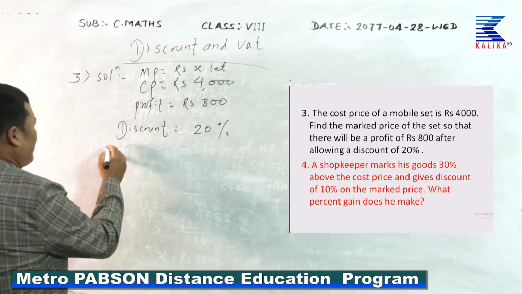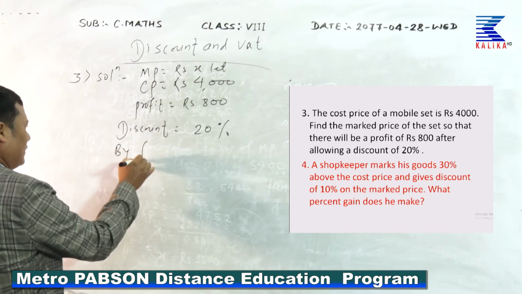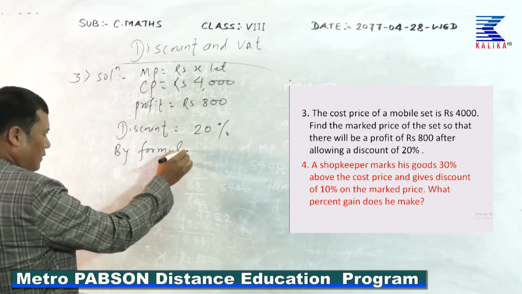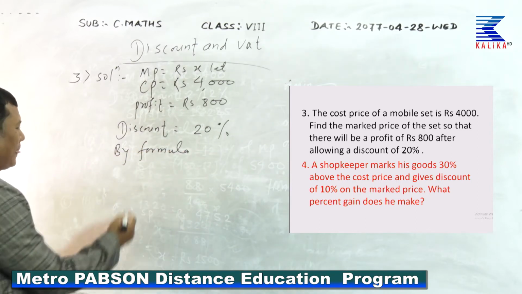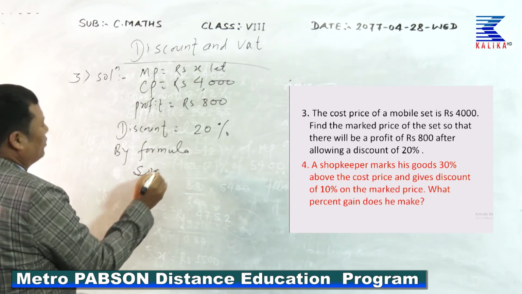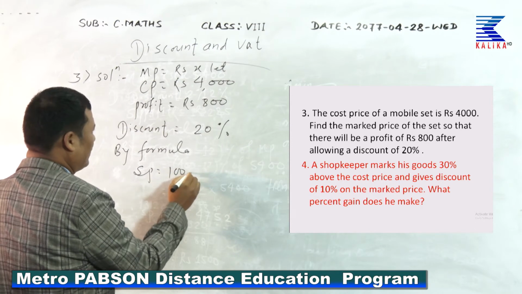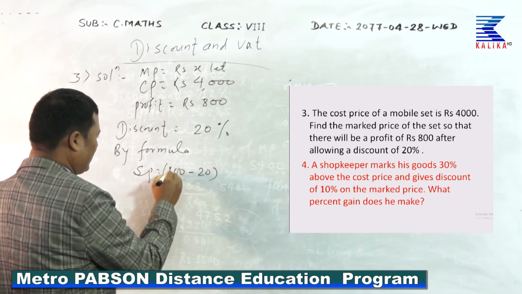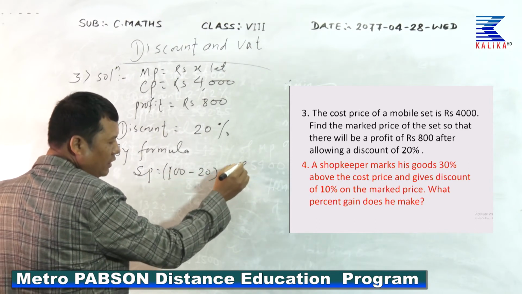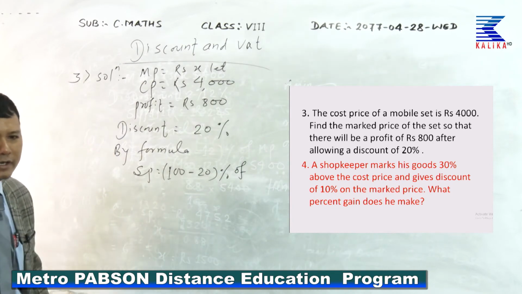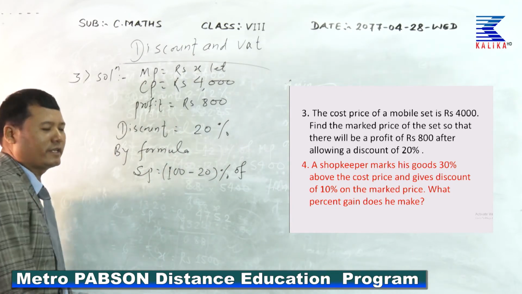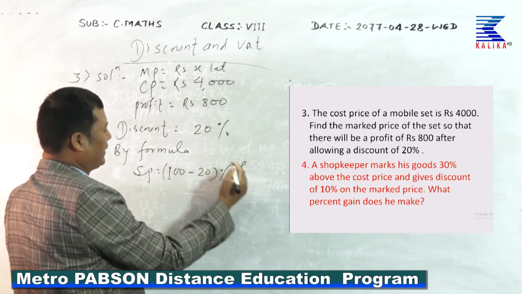By formula, SP is equal to 100 minus 20% of MP.